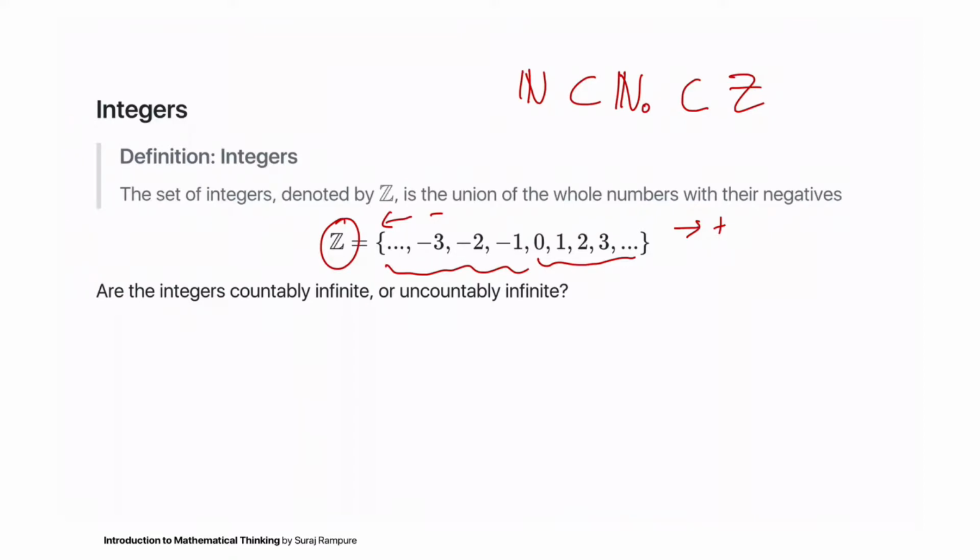Let's take a look. So let's list out our set of whole numbers, and it'll be evident why we use the whole numbers instead of the natural numbers in just a second. But since both the whole numbers and natural numbers are countably infinite, we could use either. Okay, so here's our set of whole numbers, and let's list out our integers.